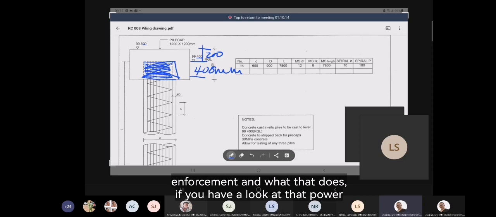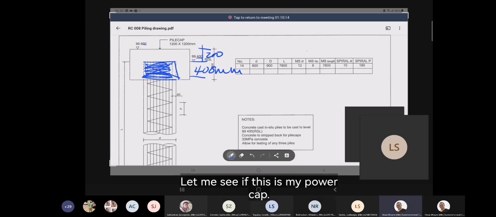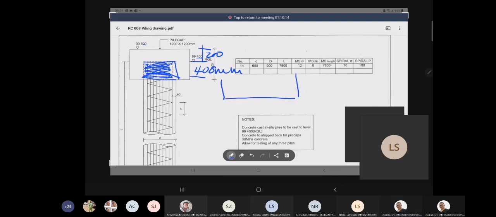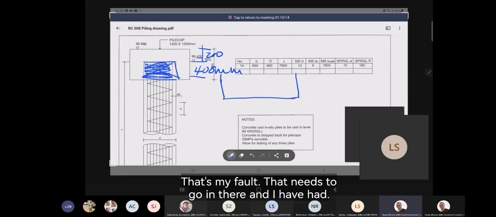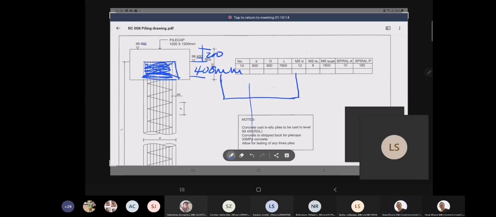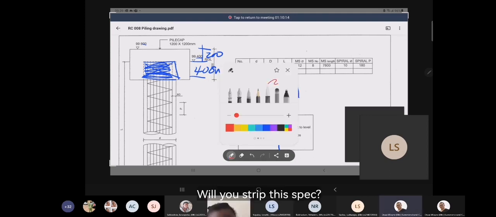And what that does, if you have a look at that pile cap that you see, if this is my pile cap, that's my pile cap that needs to go in there. And I have had my pile in there. We would strip this back.